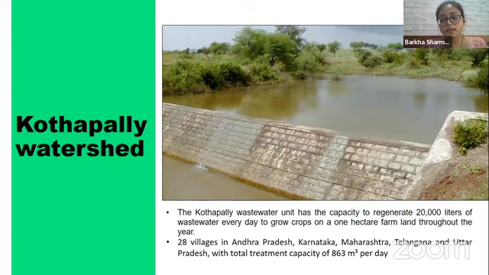Looking at the success of this Kothapalli wastewater unit, the decentralized wastewater unit has also been installed in 28 villages in Andhra Pradesh, Karnataka, Maharashtra, Telangana, and Uttar Pradesh with total treatment capacity of 863 meter cube per day.